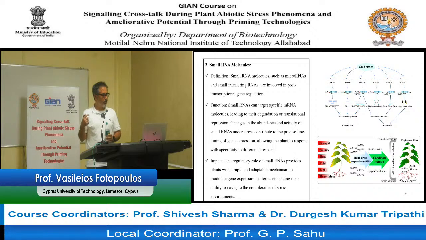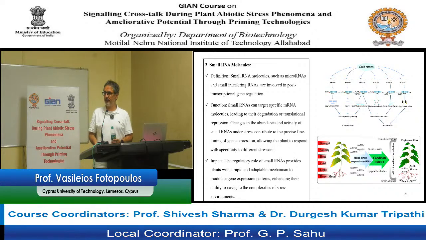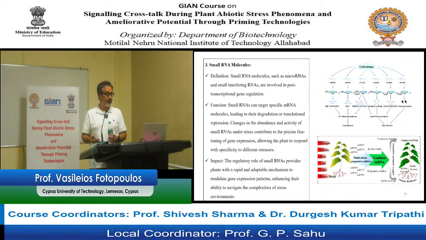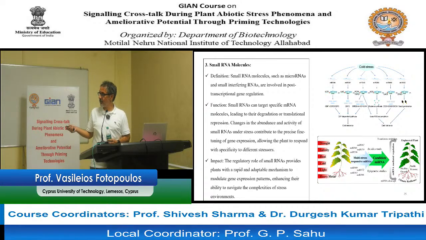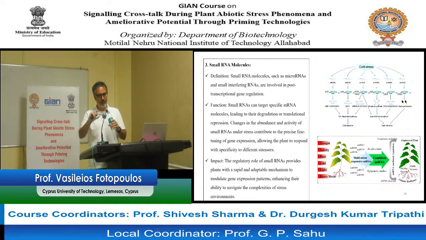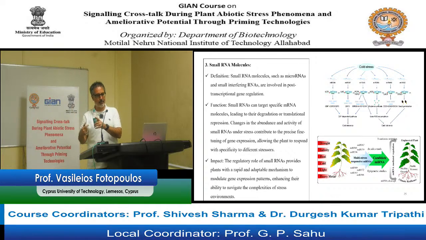So you also have the small interfering RNAs that are linked with gene knockout approaches, okay? And these are involved in the so-called post-transcriptional gene regulation that actually alters the mRNA status, okay?